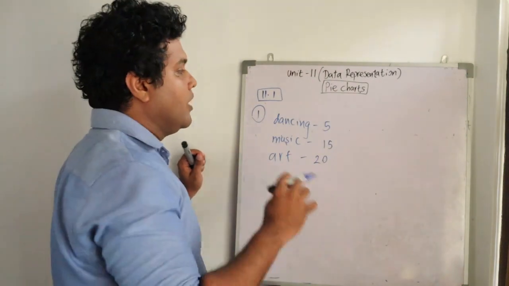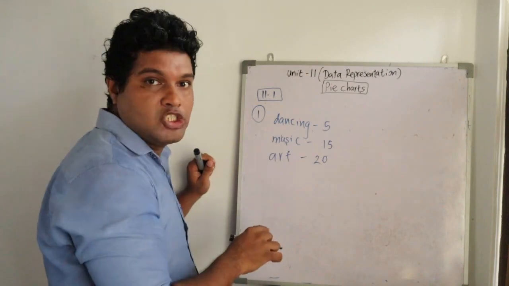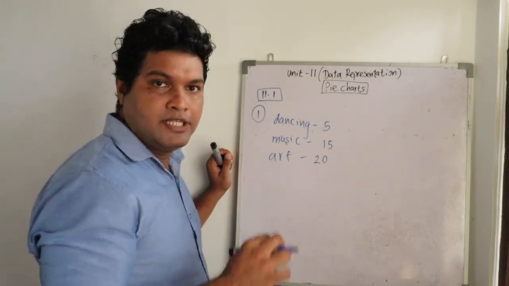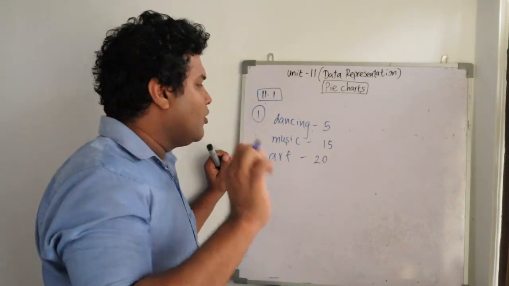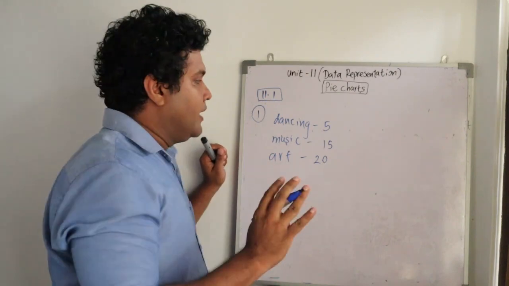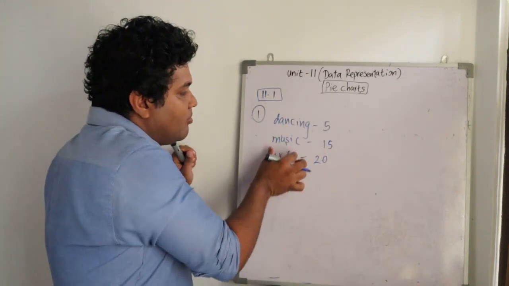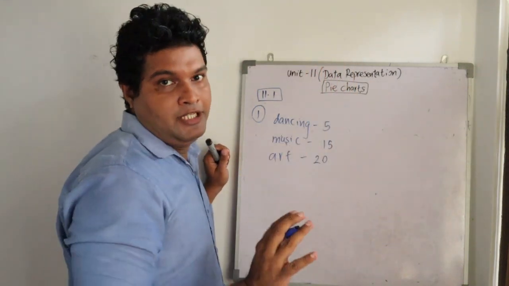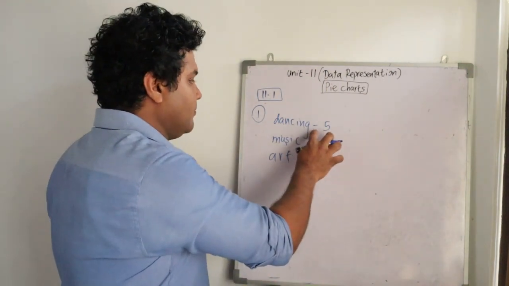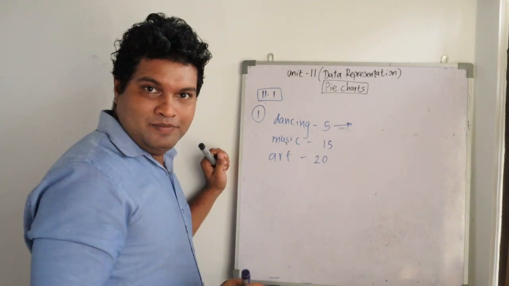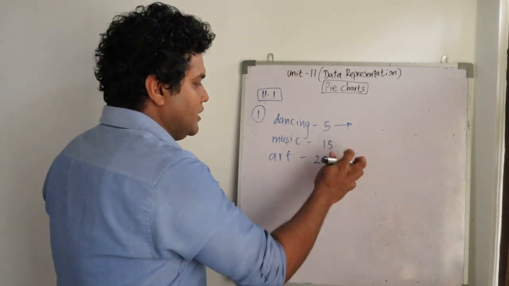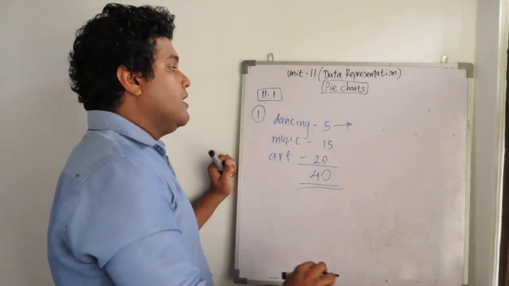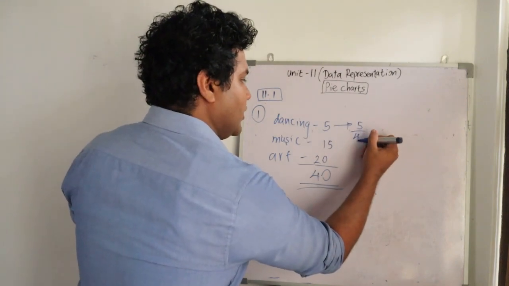Before you learn how to include this information inside a pie chart, we must know a small piece of knowledge regarding pie charts. If we are able to find the relevant fraction for each denomination, it is very easy to find the pie chart. For dancing, we have 5 out of 40, because the total is 40.